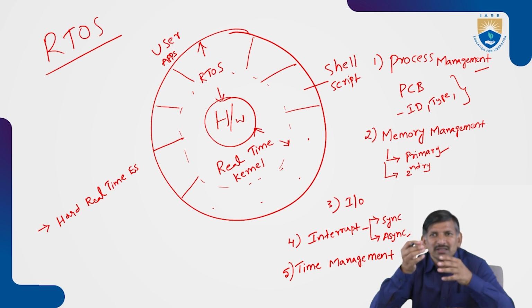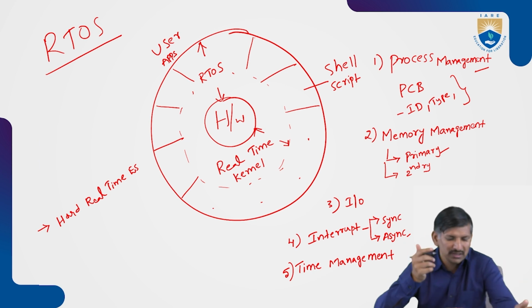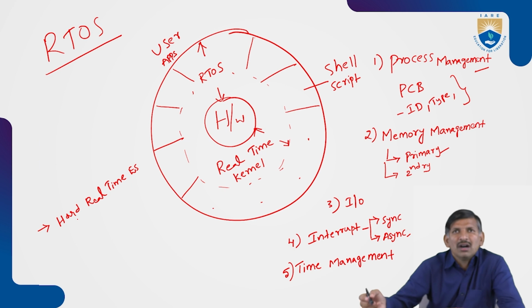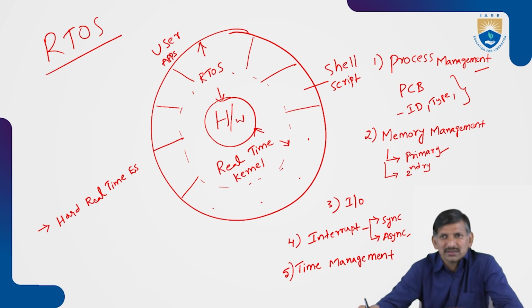At that time, we may lose our lives. That type of embedded system is called a hard real-time embedded system. Missing a deadline may cause loss of life and property.